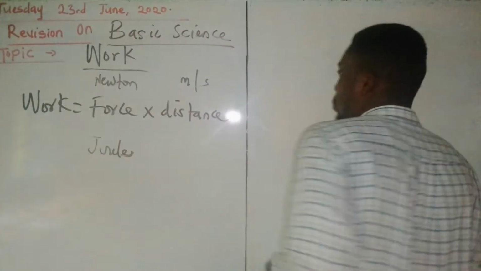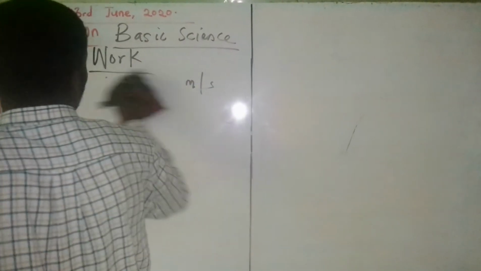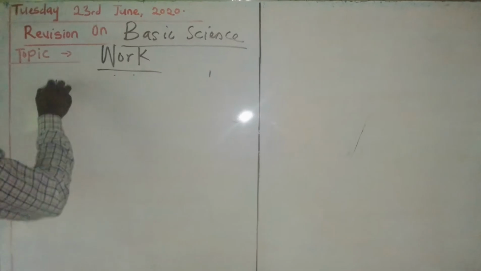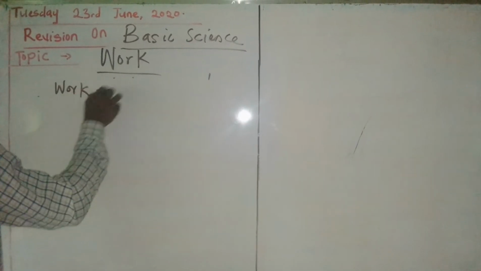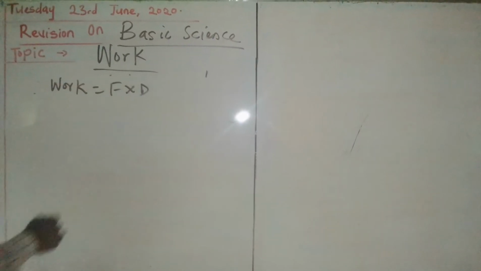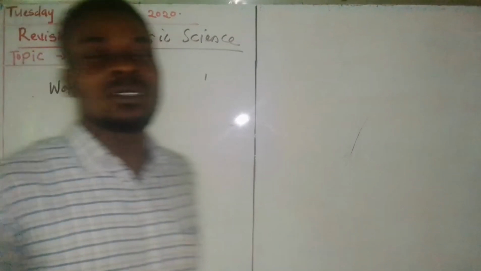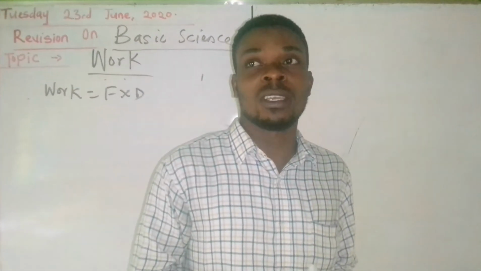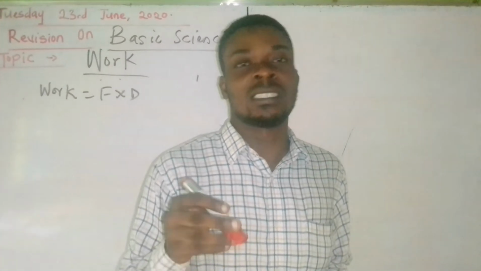Now today, we will go straight to the point. Remember I said work is force times distance. Now work can also have another formula, especially when you are dealing with work in a vertical motion.